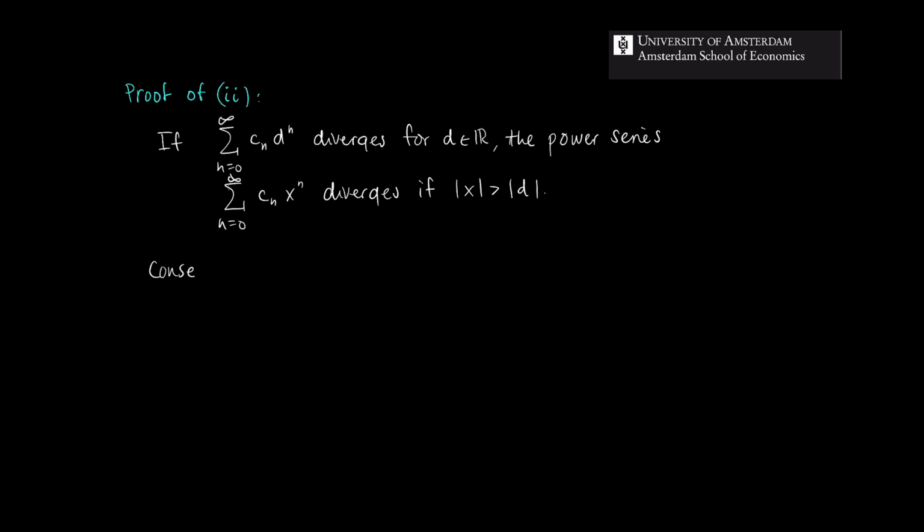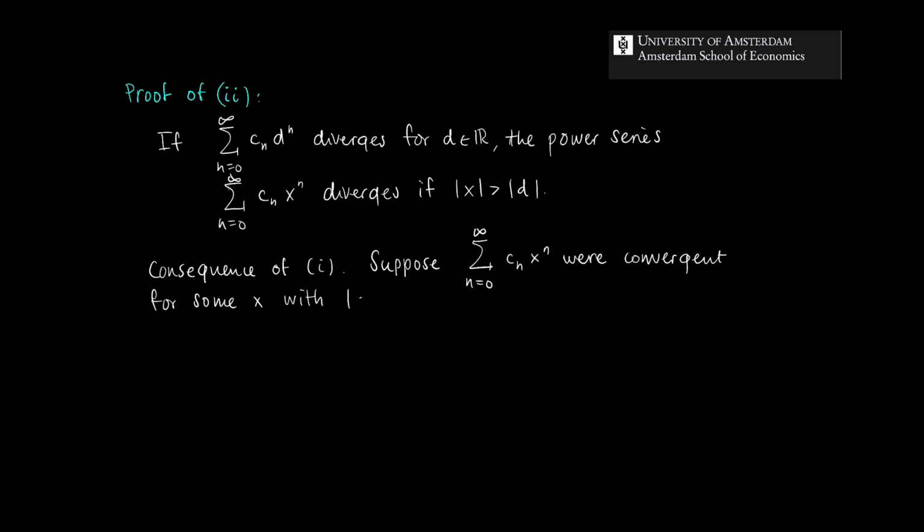Suppose, on the contrary, that we would have a convergence of the sum from n equals 0 to infinity of c_n x^n for some x with absolute value larger than d, then we would have that the series built up from d would be absolutely converging for d, and therefore the series sum of c_n d^n would be converging.